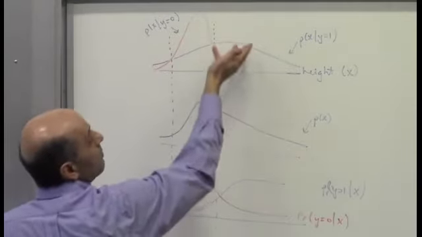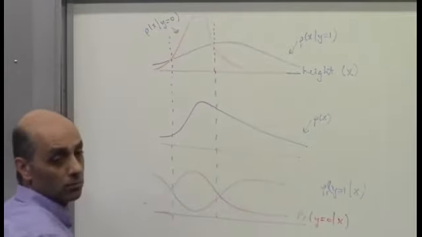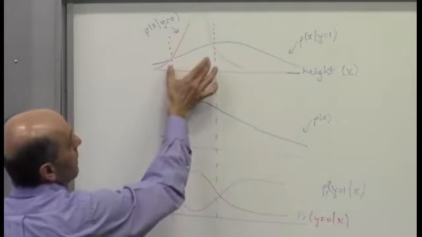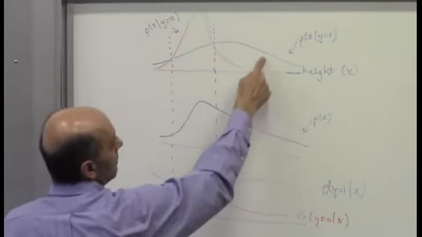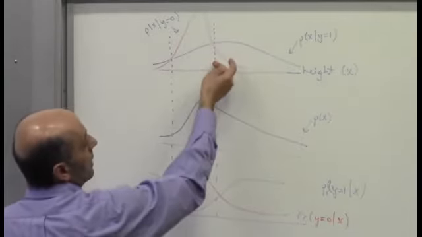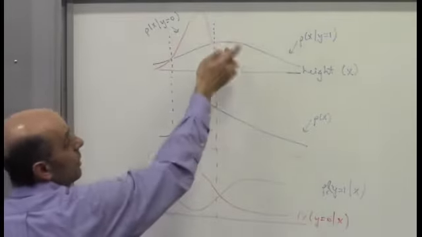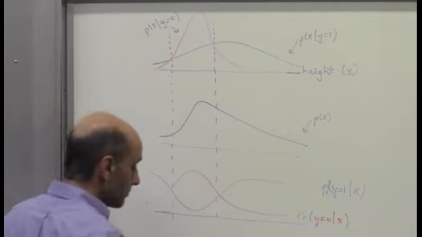It multiplies it by something, and then it pushes down this one if they're unequal. If my prior probability is large for P of x given y equals 1, then that makes my decision boundary come in, because it's pushing up the blue line.